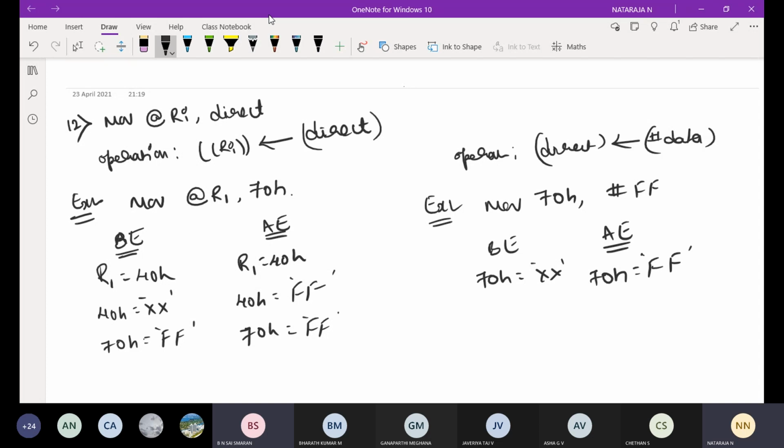Move direct comma A, move direct comma at Ri. The example is the same, but the operation is different now. Before, we took direct for some address; now we are going to take with respect to register. Now the register address we are going to copy from the address location. The example is the same, but the instruction is different. Got? Yes, sir.